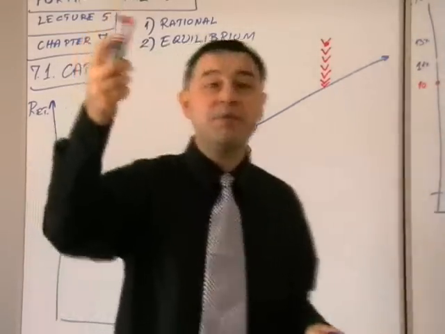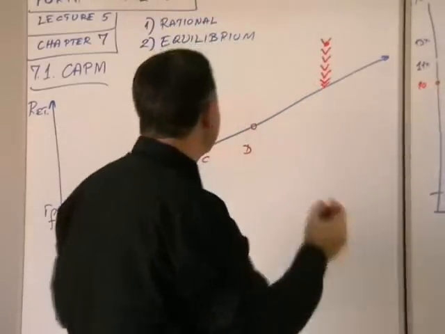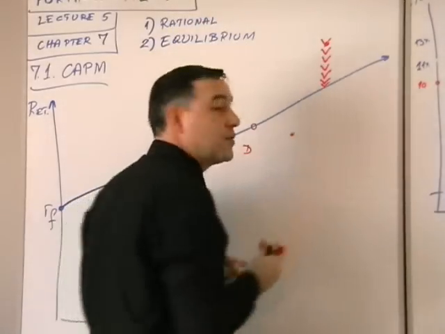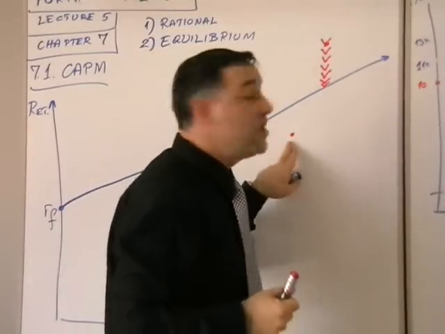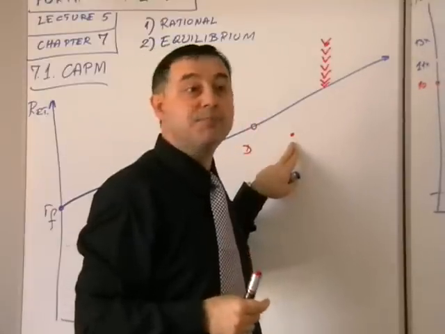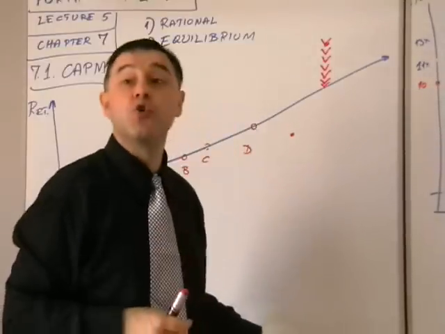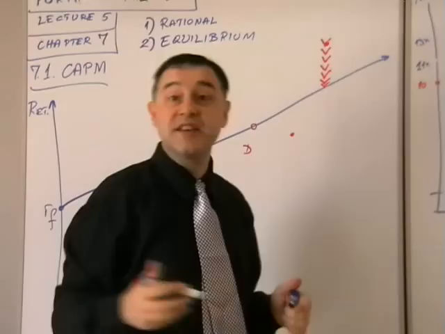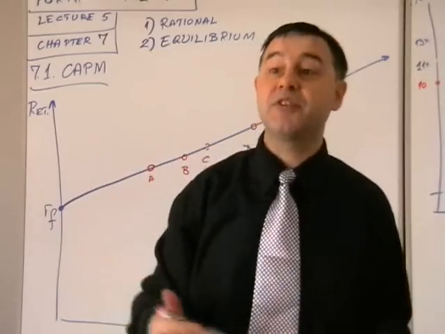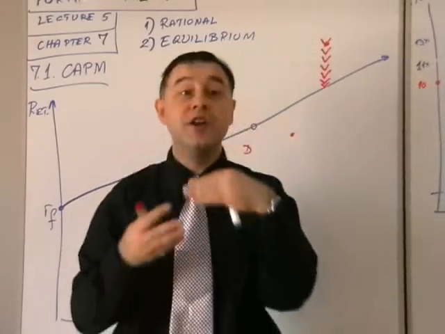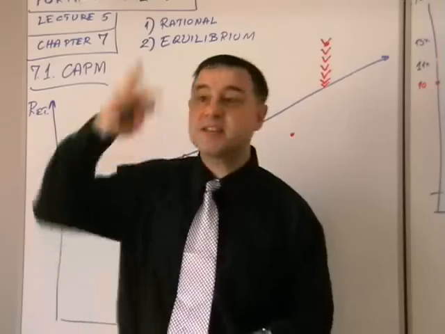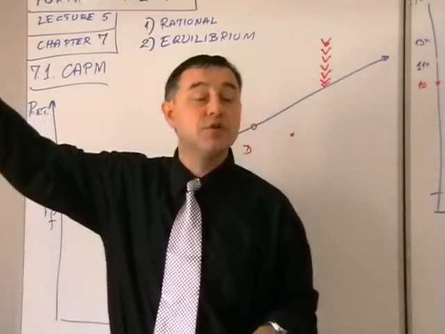Then the opposite argument is also true. If for any reason an asset was providing below the average expected return for its risk, then investors say, oh, it's not providing enough return, they will sell. Well, when you sell, you lower the price, but the cash flow is still remaining the same.